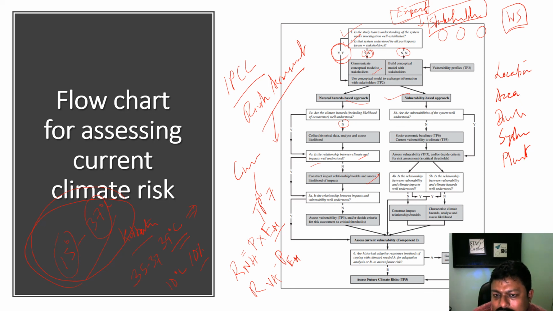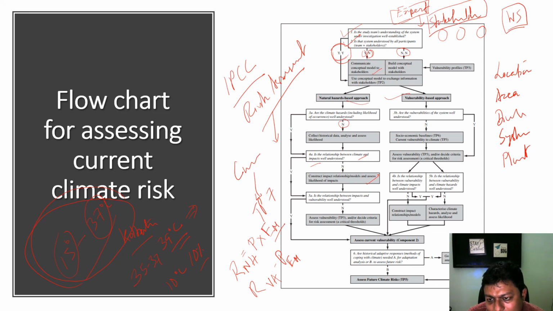If low, assess the vulnerability and decide the criteria for vulnerability. If yes, then go to the current vulnerability, which means the criteria. What is the criteria of vulnerability that you will use? If you are using the natural hazard based approach, then you have to know the magnitude of that vulnerability, that extremity, and then multiply it with the probability.